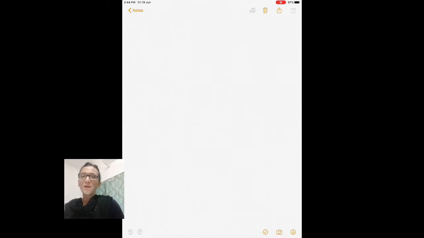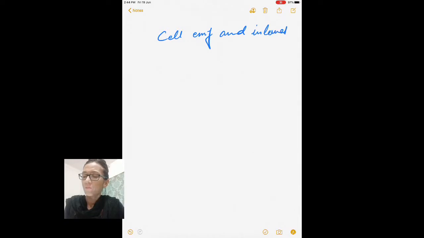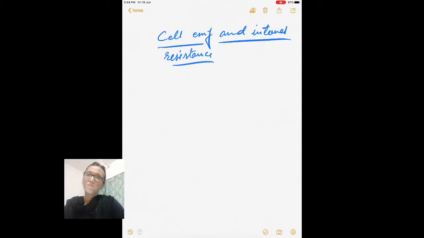So today's topic is cell, EMF and internal resistance. The device which provides steady current in an electric circuit is called an electrical cell.